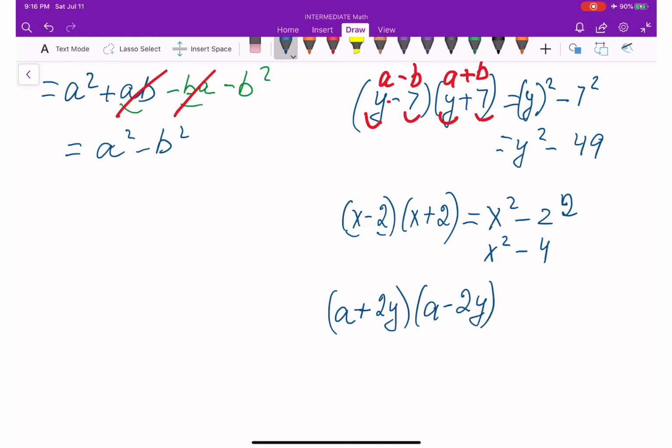Okay, so what do we have? It's going to be A squared, right? First one, and second one 2y, so it's going to be minus 2y squared, which is going to be equal to A squared minus, so 2 squared is 4, and y to power 2 is y squared.